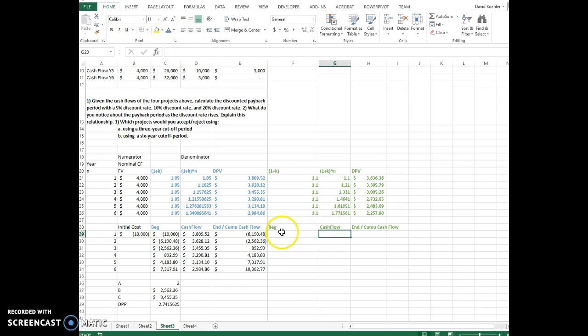There we go. So now if we start with our beginning balance, it's going to equal the initial cost, right? At the beginning of our cash flow during the year is going to be these values now. So I'm going to copy these and put them here.